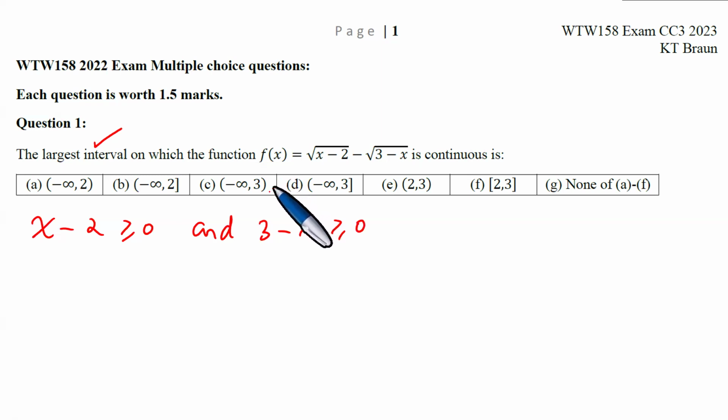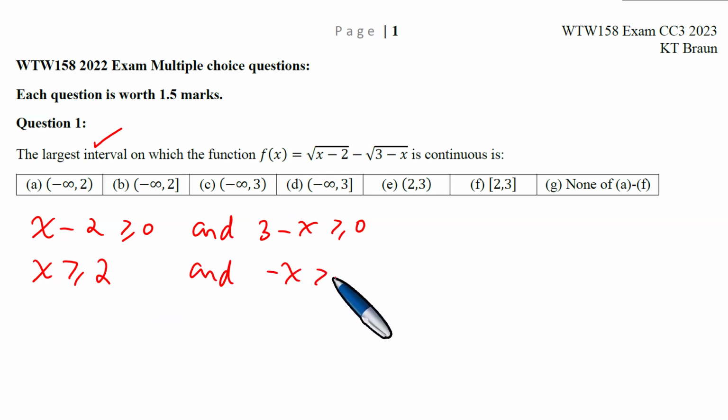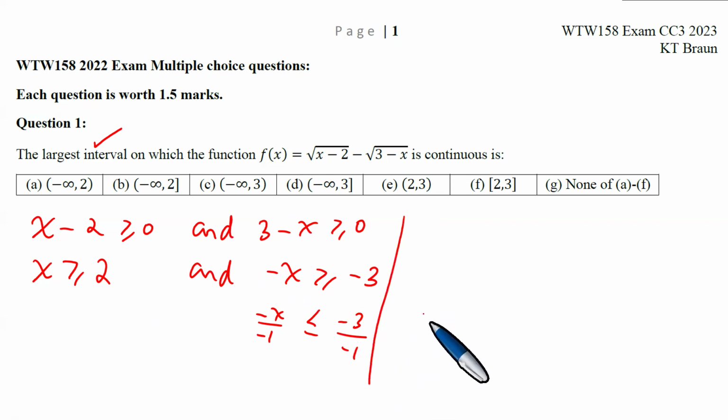We transpose the 2, and x is greater or equal to 2, but simultaneously it follows that minus x is greater or equal to minus 3. You divide by minus 1, which means that x is less or equal to 3.